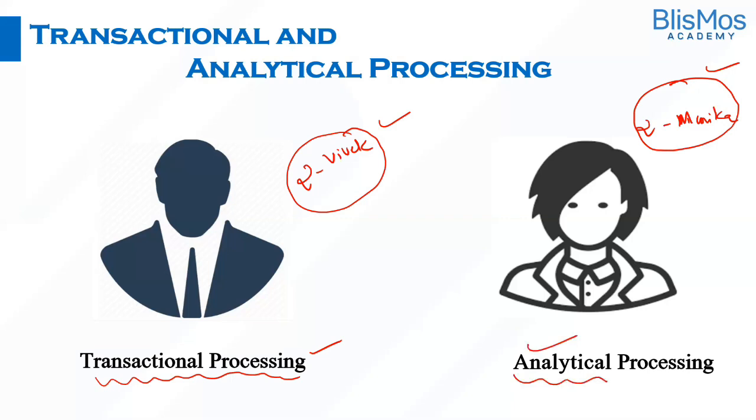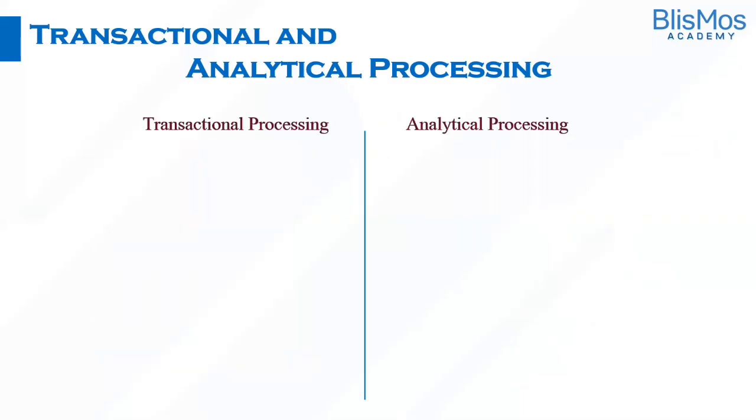Day in and day out, in the current scenario, any company would face both transactional scenarios and analytical scenarios. That is the reason it's very important to know how transactional processing differs from analytical processing. We'll try to understand the differences between transactional processing and analytical processing.